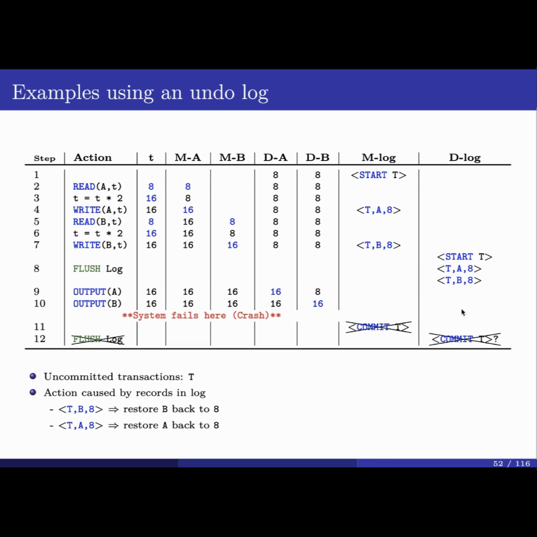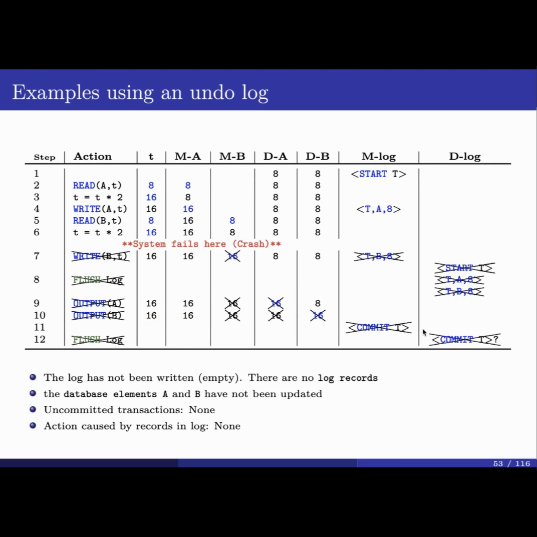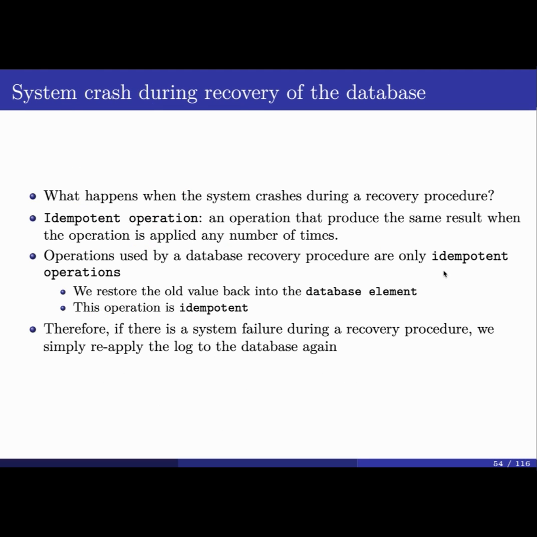If I do this 1,000 times, 1,000,000 times, it's not going to hurt me. In other words, if the system crashes again during crash recovery, we are still able to restore to the previous state, because we keep restoring the old value back into the database element. This operation is idempotent.